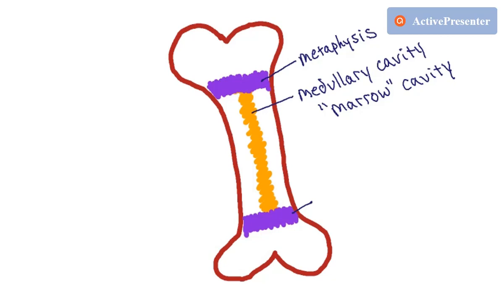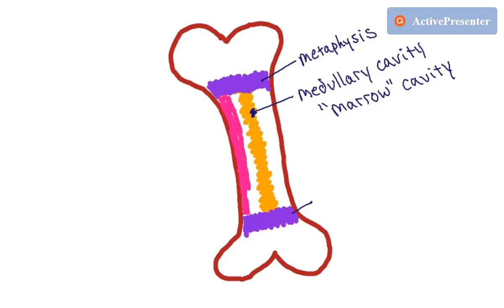And the medullary cavity is surrounded by that compact bone that we were talking about, that's the outer layer of the bones. And it wraps around in layers.